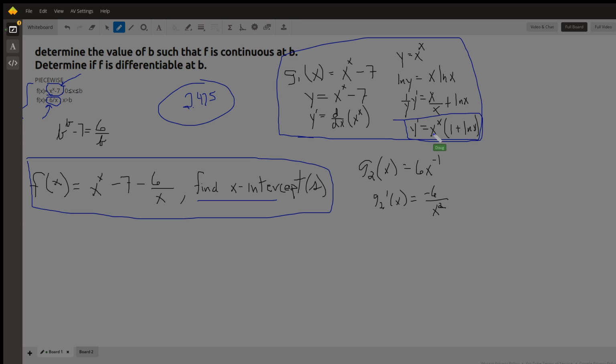Hopefully what you can see is that if we find g sub 1 prime, or the derivative of this piece, and plug in 2.5 or 2.475, we're going to get a positive number.